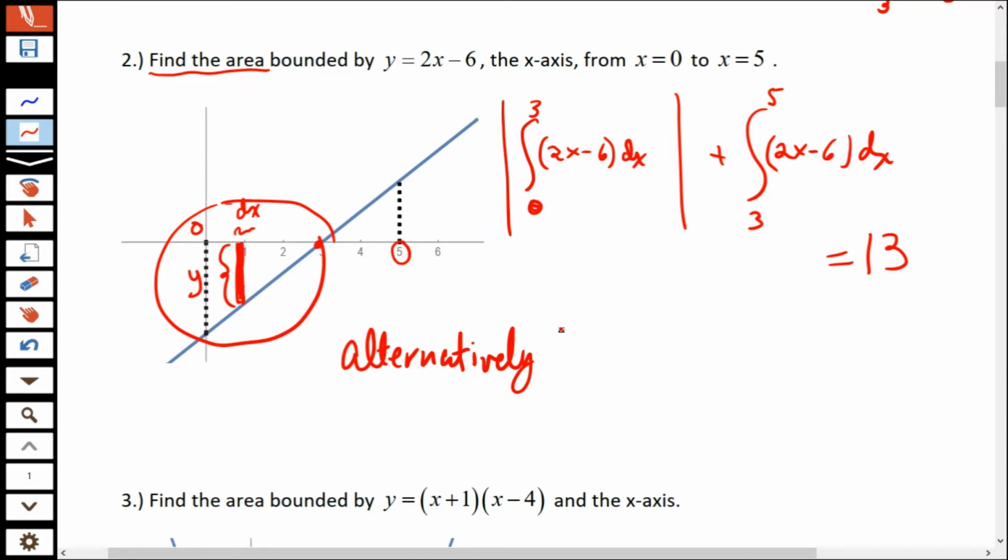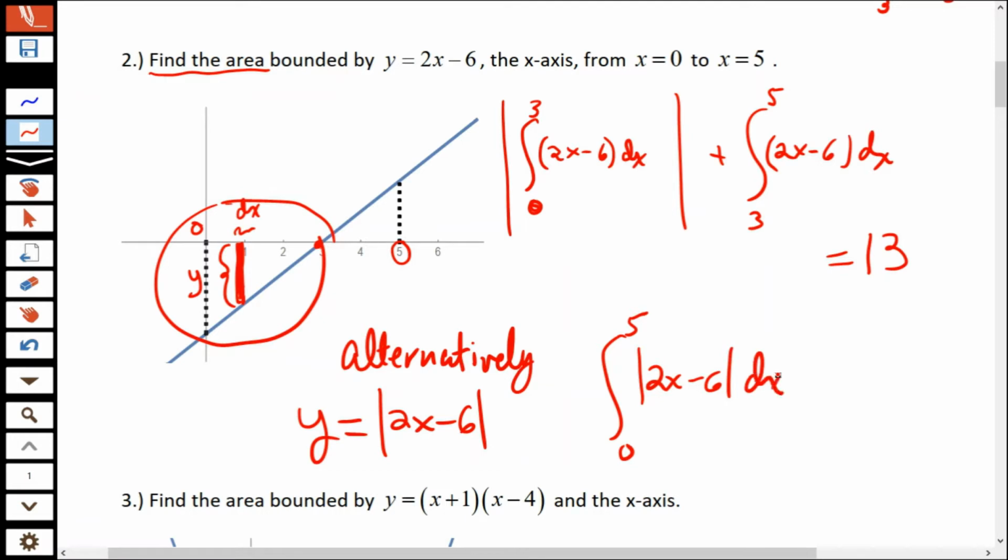And of course, that's an absolute value transformation. We could take the integral with our function being the absolute value of 2x minus 6. And in your calculator, you would plug in 0 to 5, absolute value of 2x minus 6 dx.